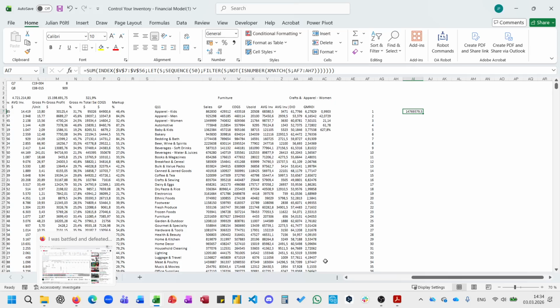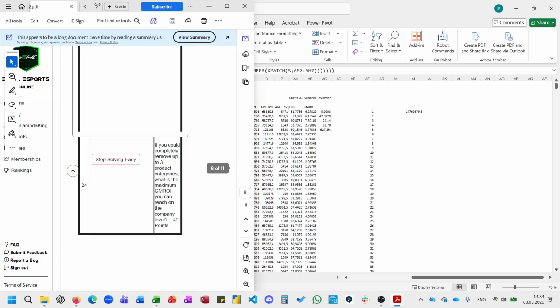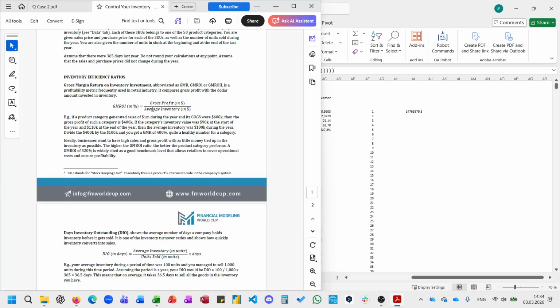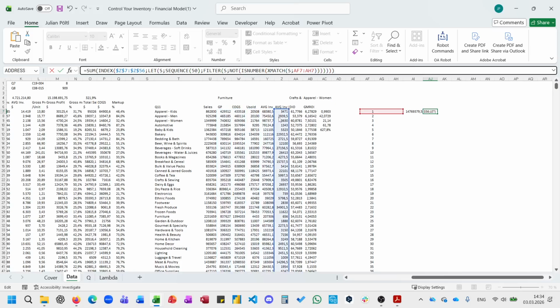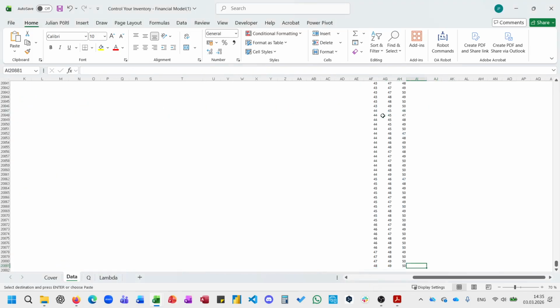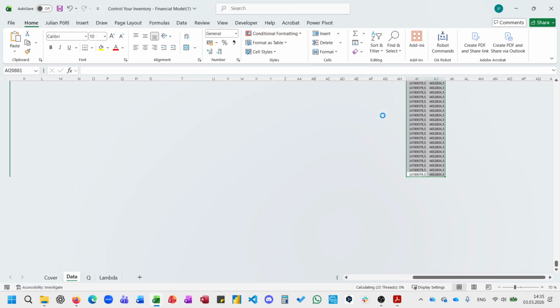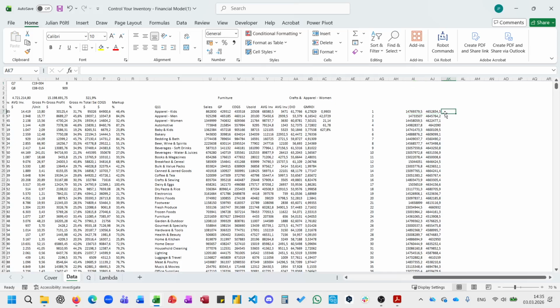And what was the second? Gross profit and average inventory, which is then here in value. Yeah, and then drag this down. So it calculates a few seconds. It's not the most efficient way, but will lead to the result.